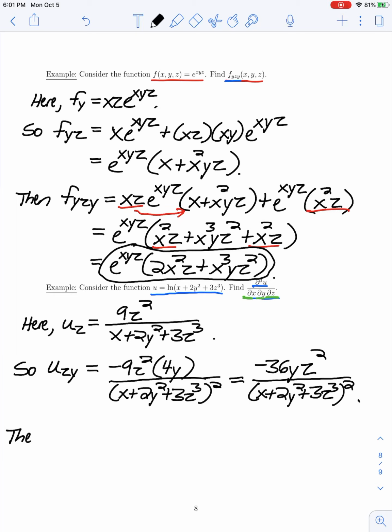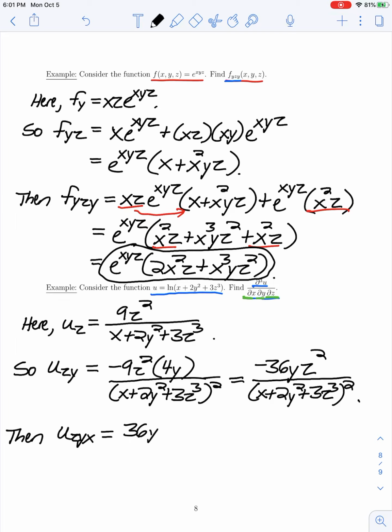So finally, to get the derivative that we're interested in, that is u sub zyx, we would use the quotient rule to differentiate the derivative u sub zy then with respect to x. So the derivative of the numerator with respect to x is 0, and then we would subtract the numerator.